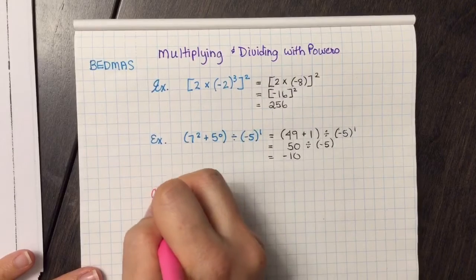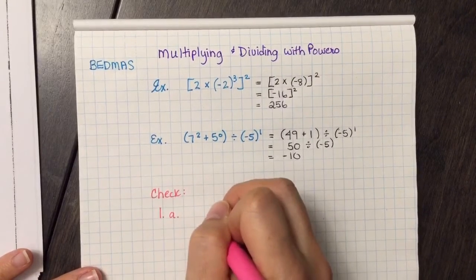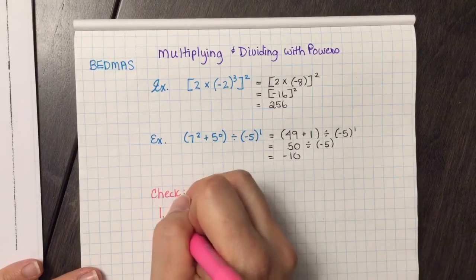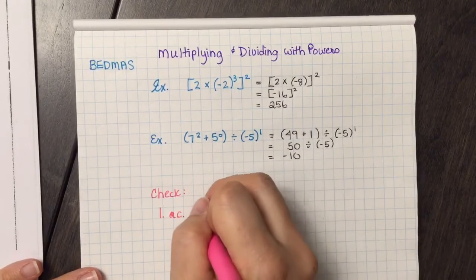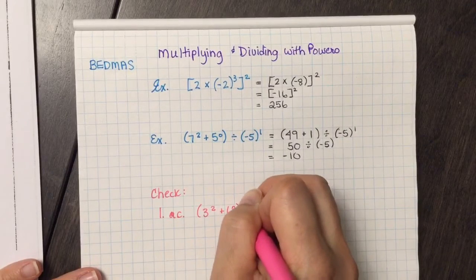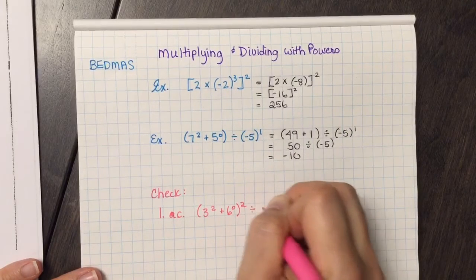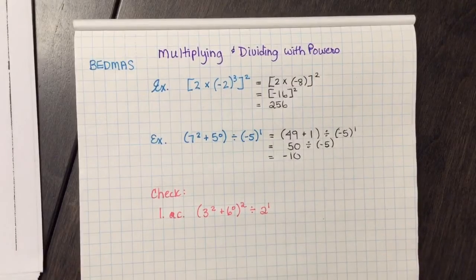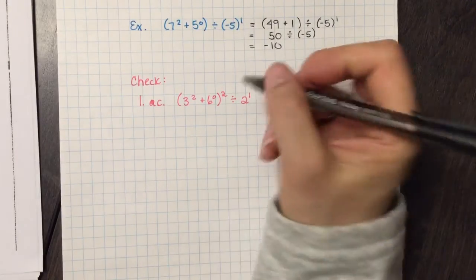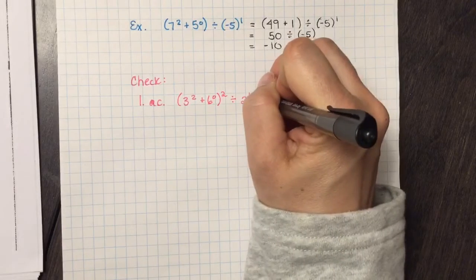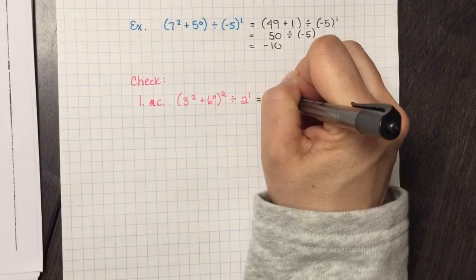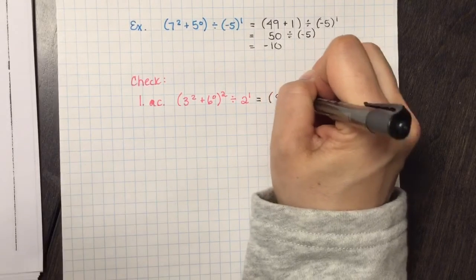Check. 1A. Actually, let's do 1C. Okay, so 3 squared plus 6 to the 0, all squared, divided by 2 to the 1. Try it, and then let's check our answers. 3 squared is 9. 6 to the 0 is 1.